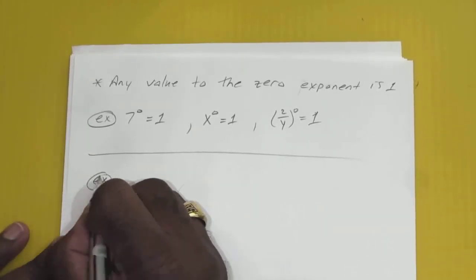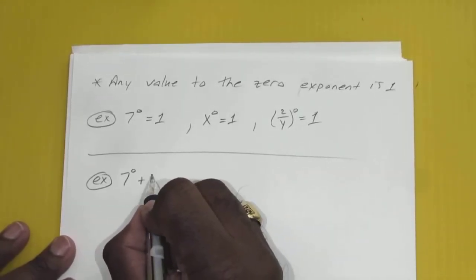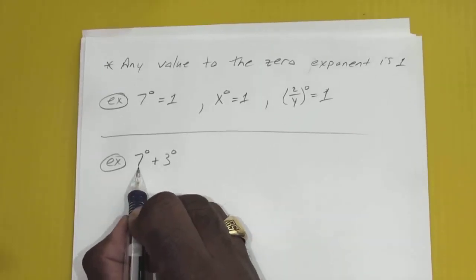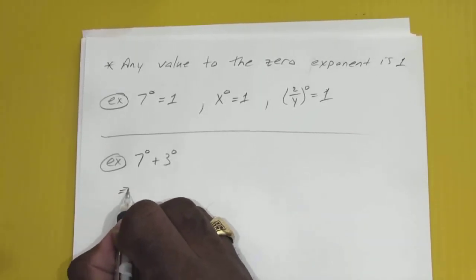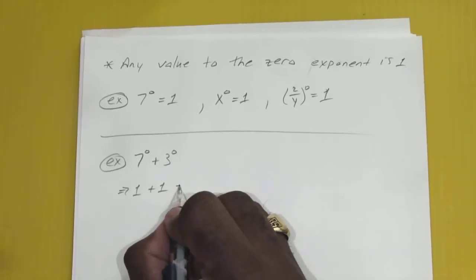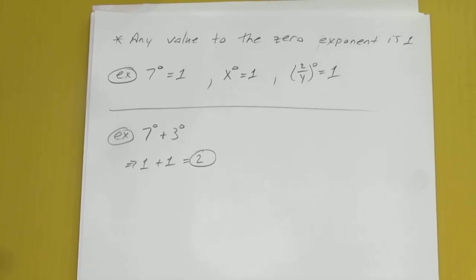Now, if you have something like 7 to the power of 0 plus 3 to the power of 0, that's going to be 1 plus 1, which is 2. So anything to the power of 0 is always going to be 1.